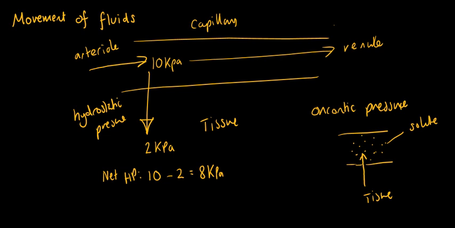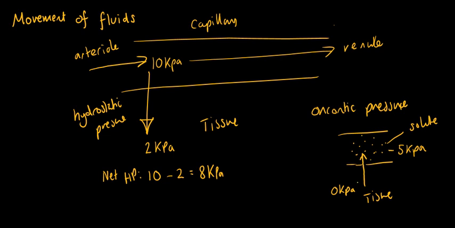So if there were no solutes in water, then this would be considered 0 kilopascals. If there are solutes in the fluid, then it's going to be given a minus figure. So in this case, you might say, for example, that inside the capillary there is a minus 5 kilopascal.